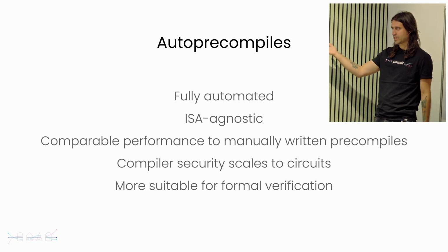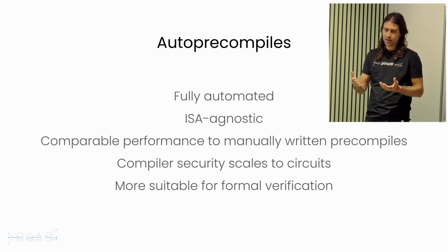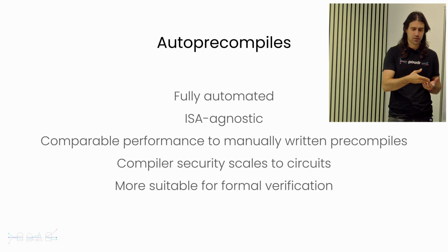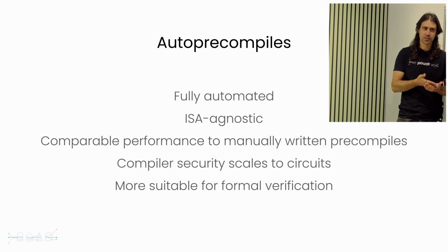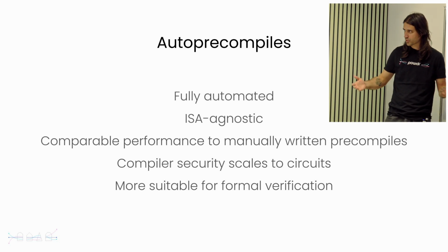On the security side, we're hoping that by having this one central way of automatically generating the circuits, once this is audited, formally verified, and so on, this security basically scales to all the circuits that it creates, and you don't have to individually audit 1,000 precompiles that people have written all over the world.